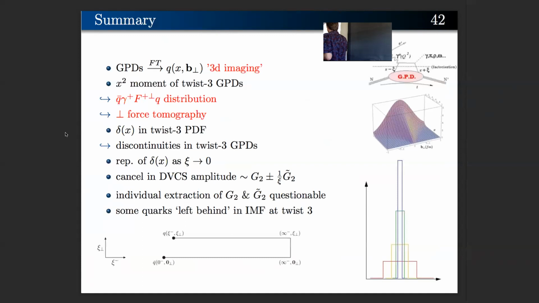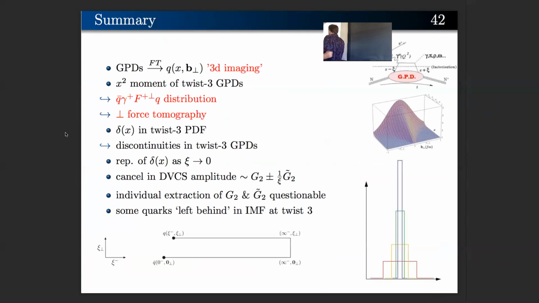We get singularities such as delta functions at x equal to 0, which are important for various relations between twist-2 and twist-3. And for the GPDs, we get discontinuities, which fortunately in the linear combinations that enter the DVCS amplitude, the discontinuities cancel. I mean, we don't have a proof for that. This is what we observe at one loop.